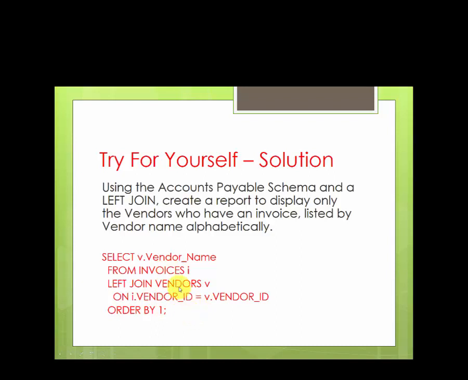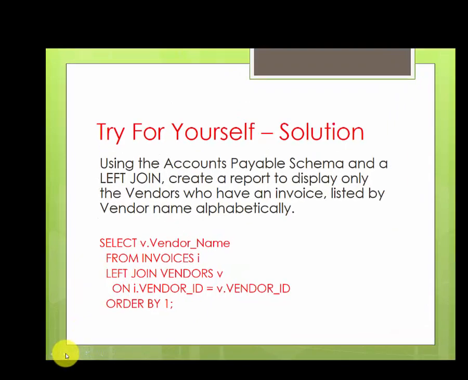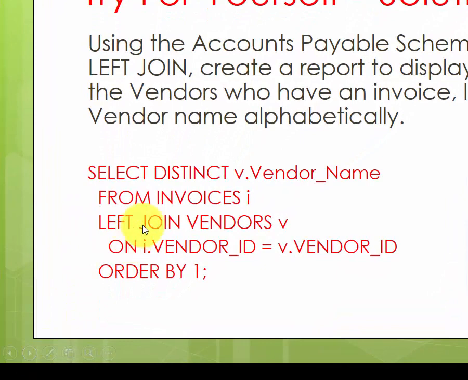Well, this is okay, but I will end up with duplicate data because I have vendors that have multiple invoices. So if I add distinct to it, it will only bring back that vendor name once. Really, you're trying to identify your vendors.